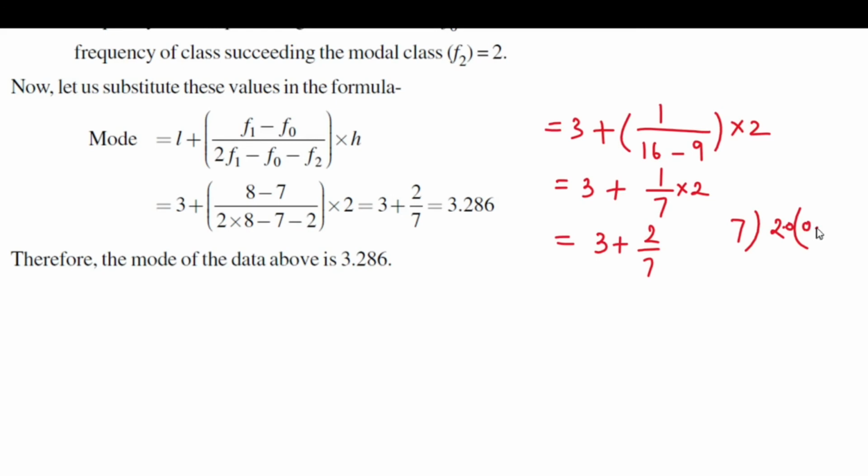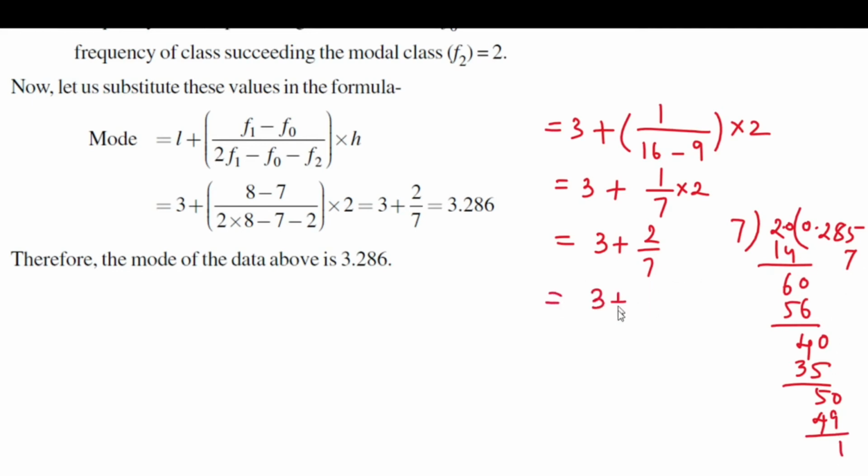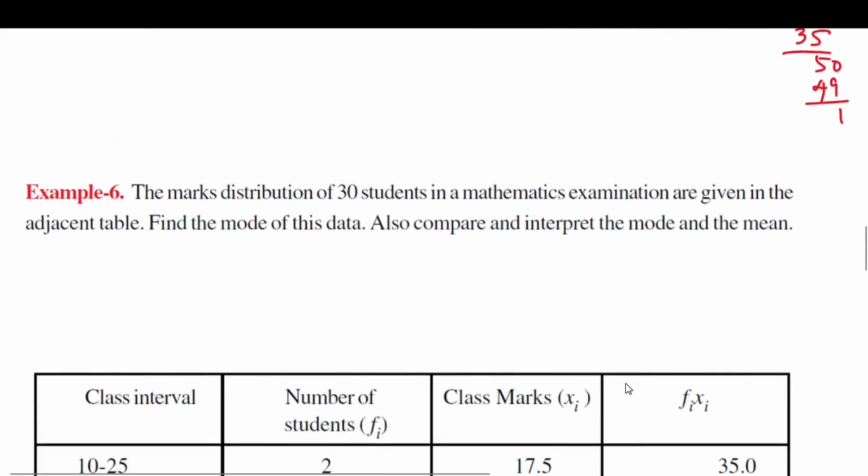So we'll get 0.2857, and so on, this continues. 3 plus 0.28... If we approximate it to 3 decimals, we write 6 here. So this is 3.286.